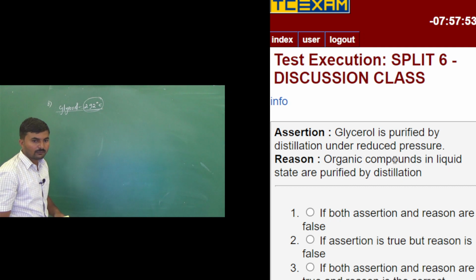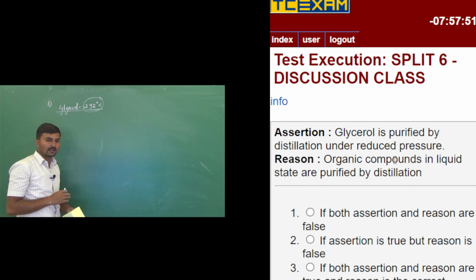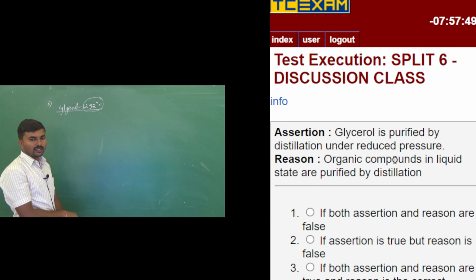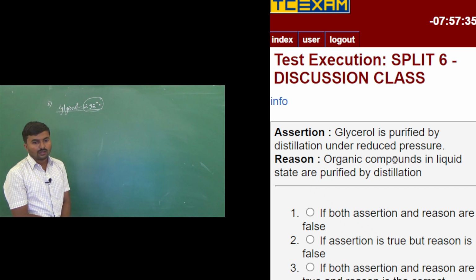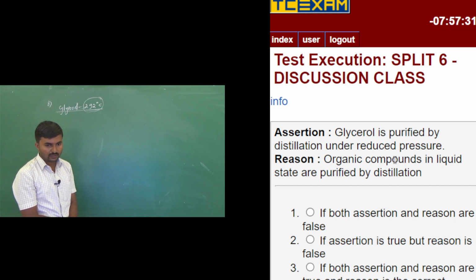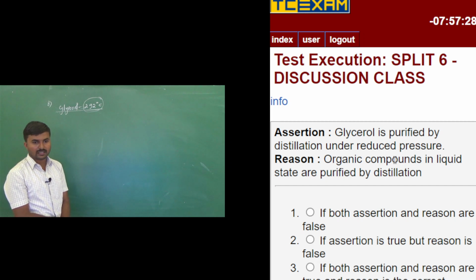So the first one is correct. Then the second one, the reason: organic compounds in liquid state are purified by distillation. Of course it is. Organic compounds in their liquid state are purified by the method of distillation only. Okay, so which is the correct option then? If both the assertion and reason are false, then the second one. If assertion is true but reason is false, then next.